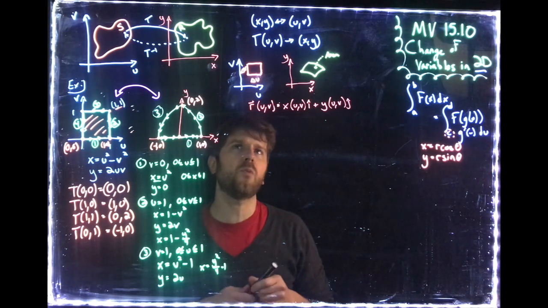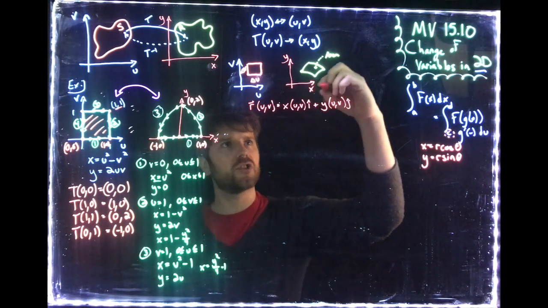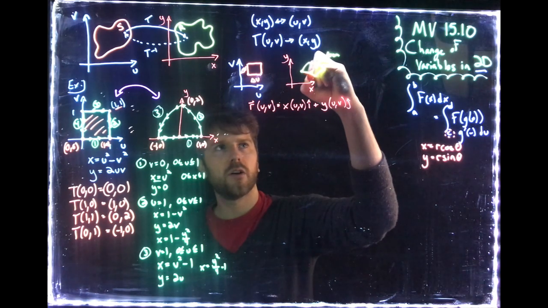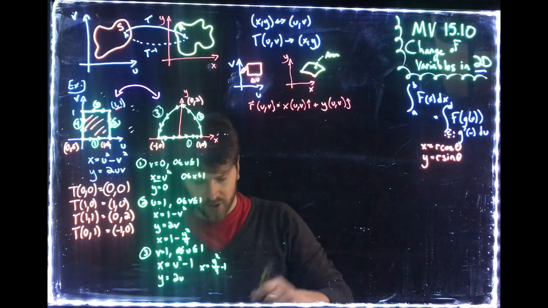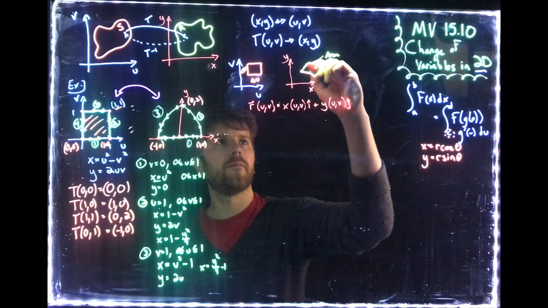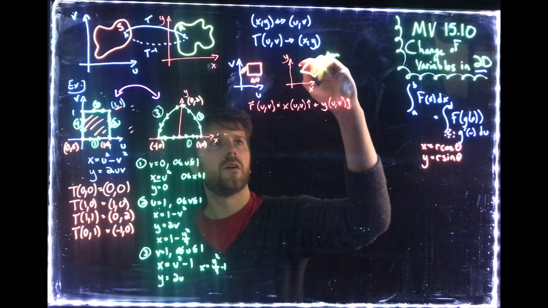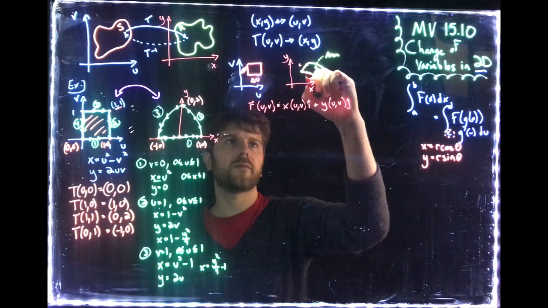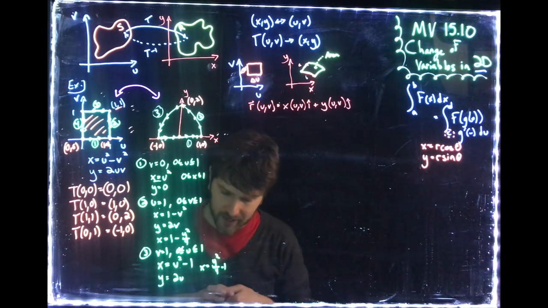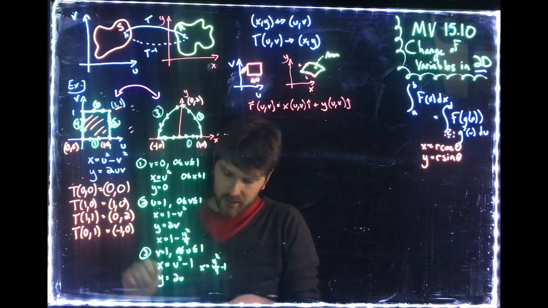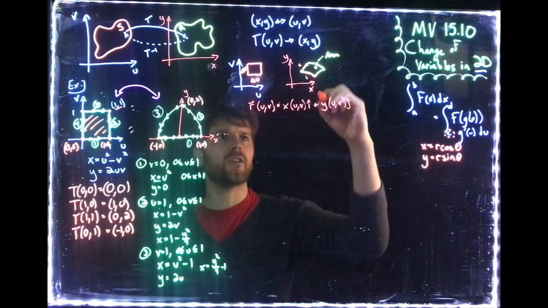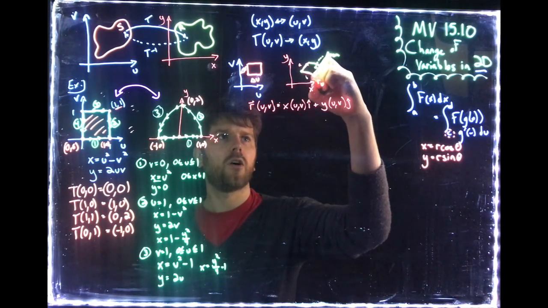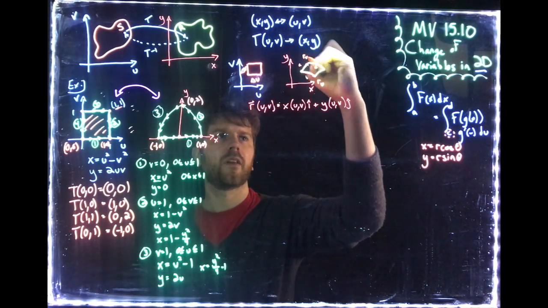It turns out that this area in general is probably not a square, but using calculus magic, we can approximate it using two little vectors. We can approximate this area. And in fact, rather than just using a and b, we end up with two vectors, ru and rv.